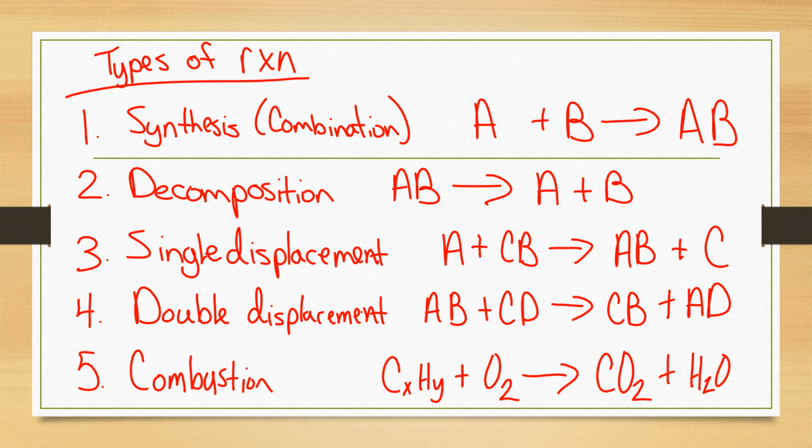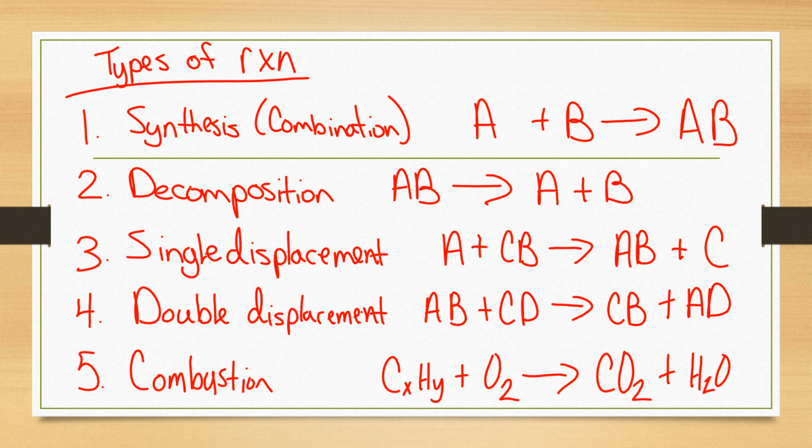And then it's going to show the reaction, and then it ends up being sodium bromide plus aluminum chloride. And so you would have to recognize which type that is. So this would be double displacement.